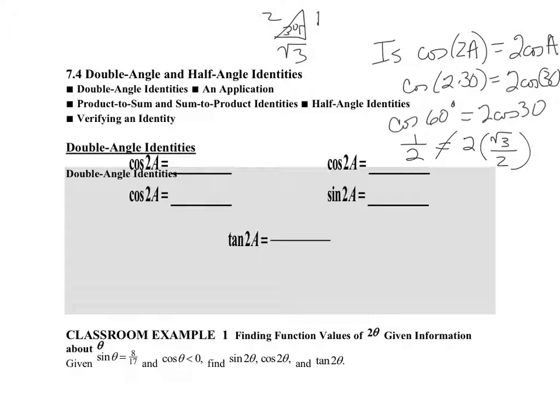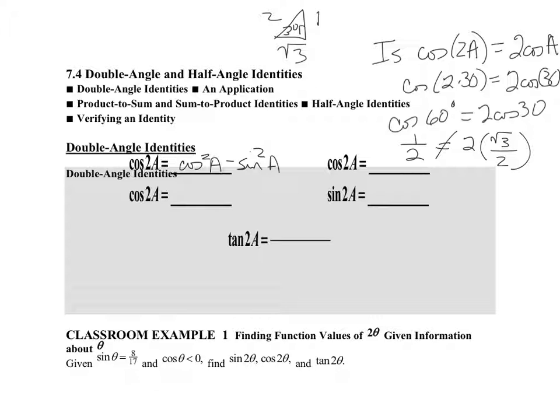The first replacement is cosine of 2A is equivalent to cosine squared of angle A minus sine squared of angle A. Now I have a question. We've had a Pythagorean identity that involved cosine squared and sine squared. Is this that Pythagorean identity? No, because what was the Pythagorean identity?